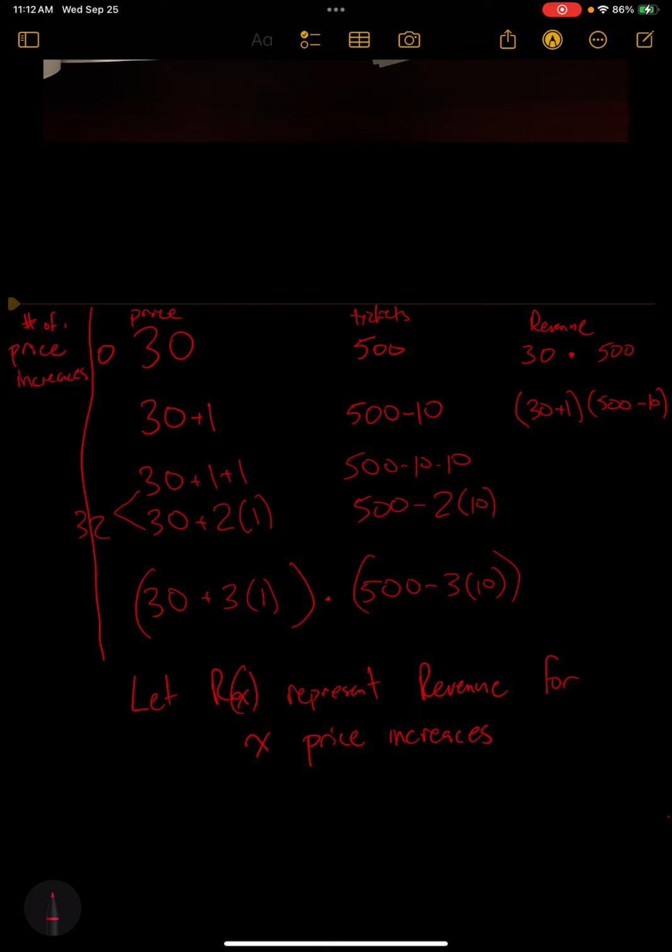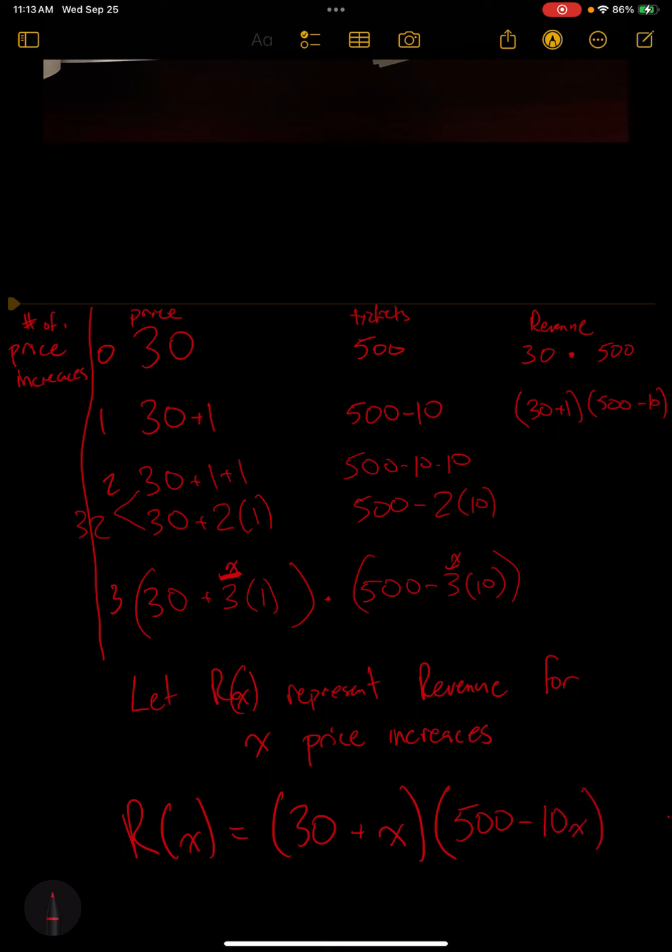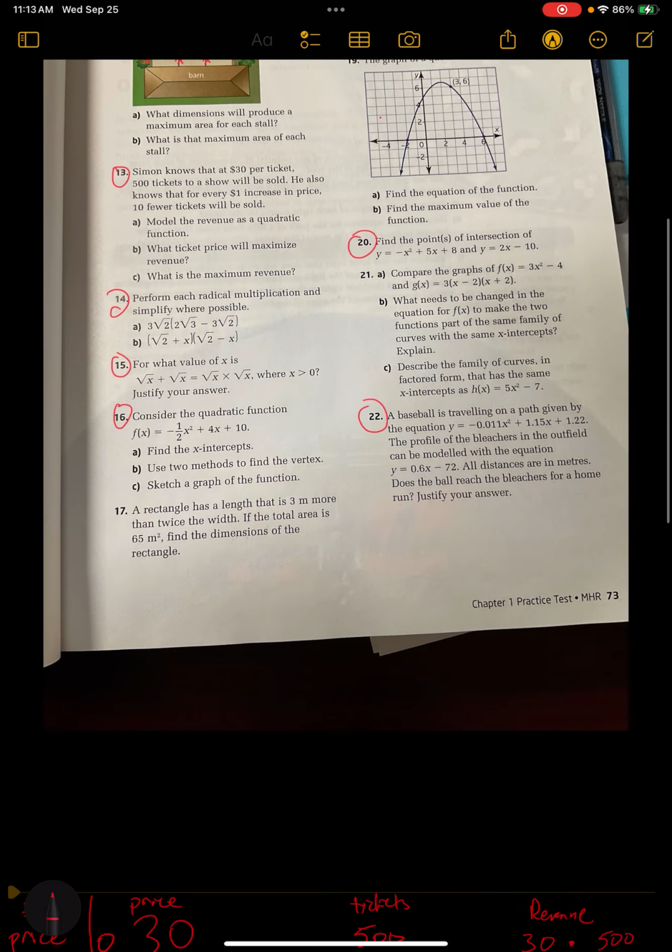In the first place, it's 0, then 1, then 2, then 3. So R of X is equal to 30 plus X times 500 minus 10X. And that's essentially how you model revenue as it relates to price increases.